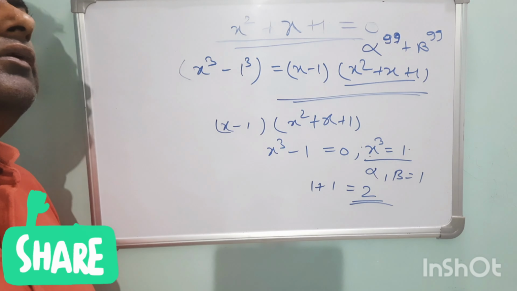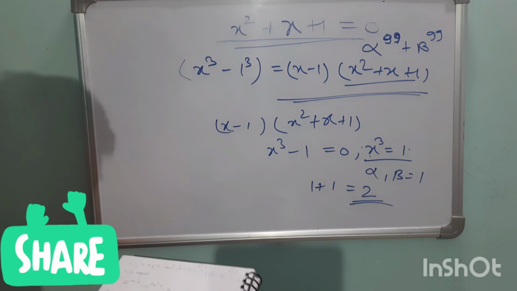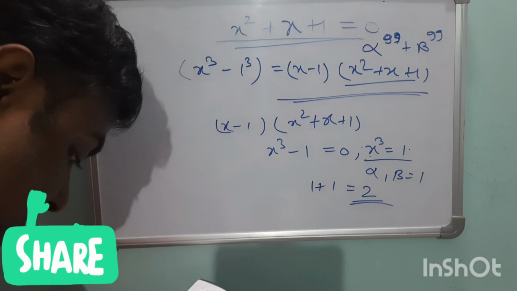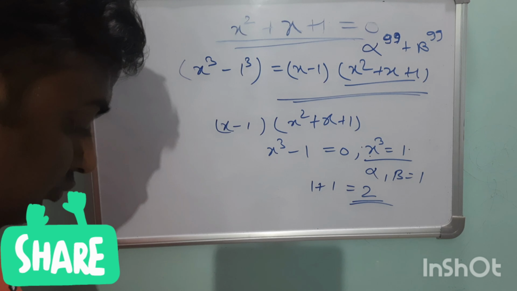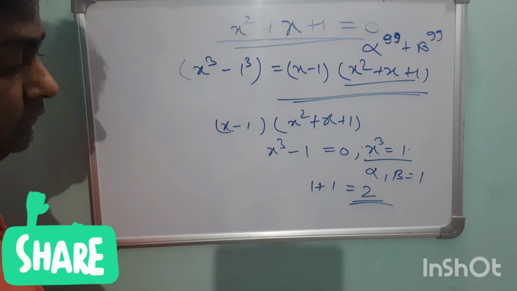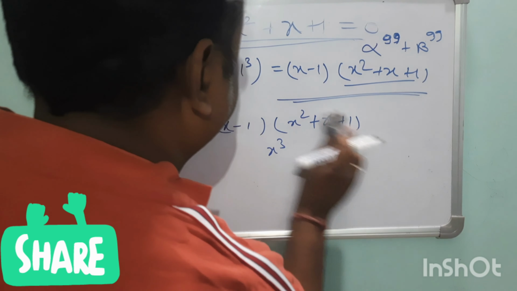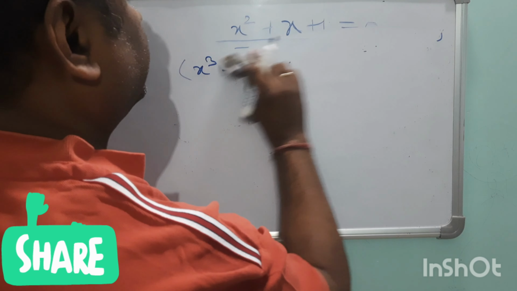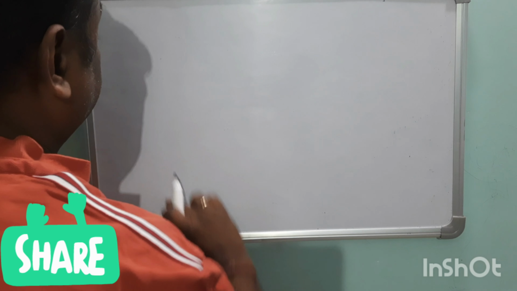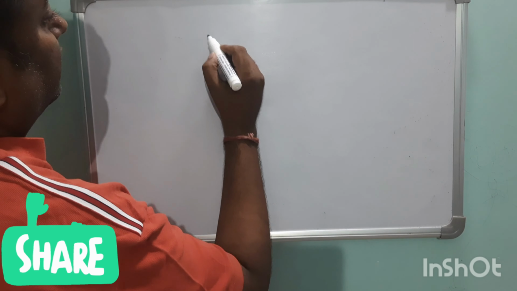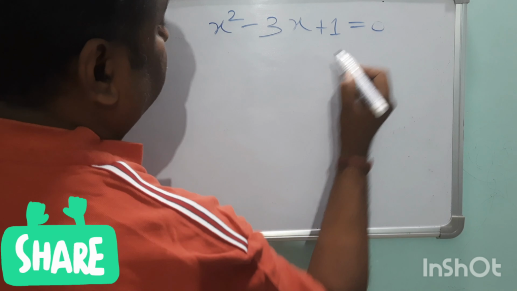So let us solve one question. This question is x square minus 3x plus 1 equals 0.